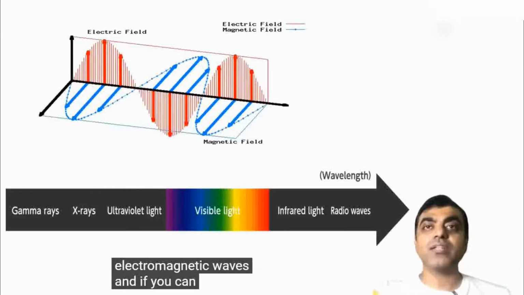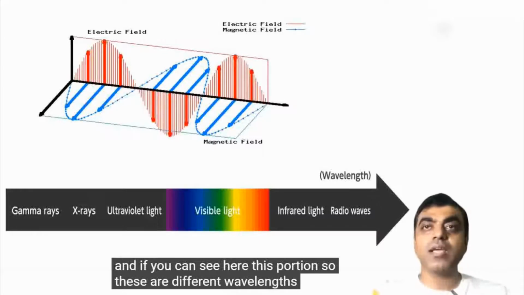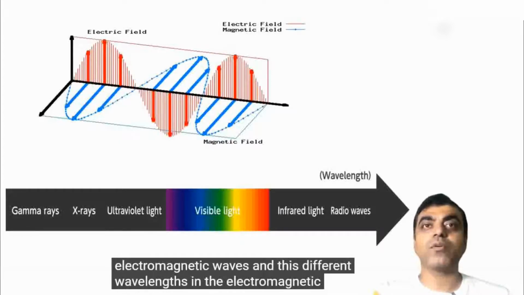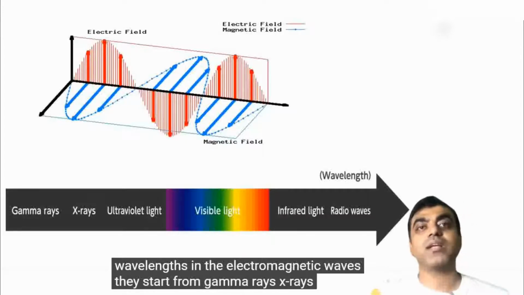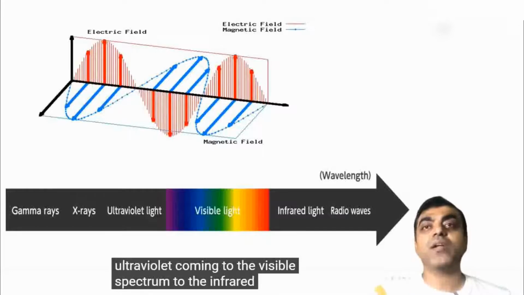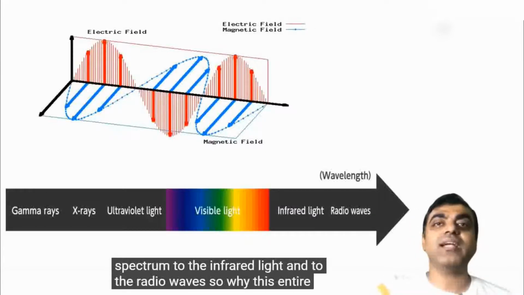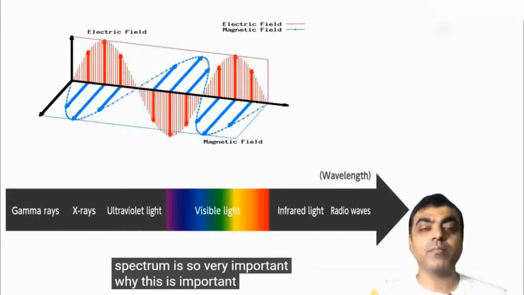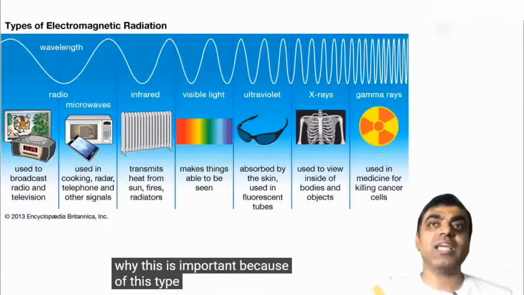Here you can see different wavelengths in the electromagnetic waves, starting from gamma rays, X-rays, ultraviolet, coming to the visible spectrum, to infrared light, and to the radio waves. Why is this entire spectrum so important? Because of these types of radiations.